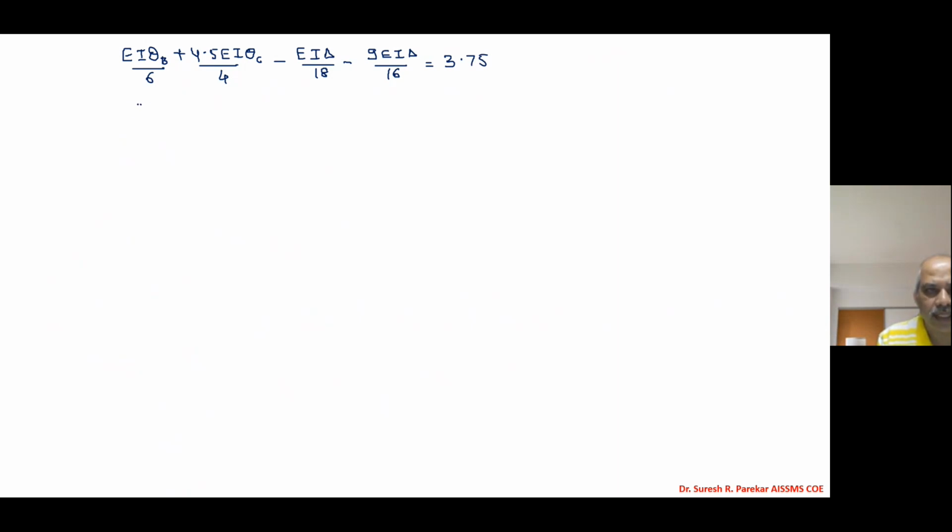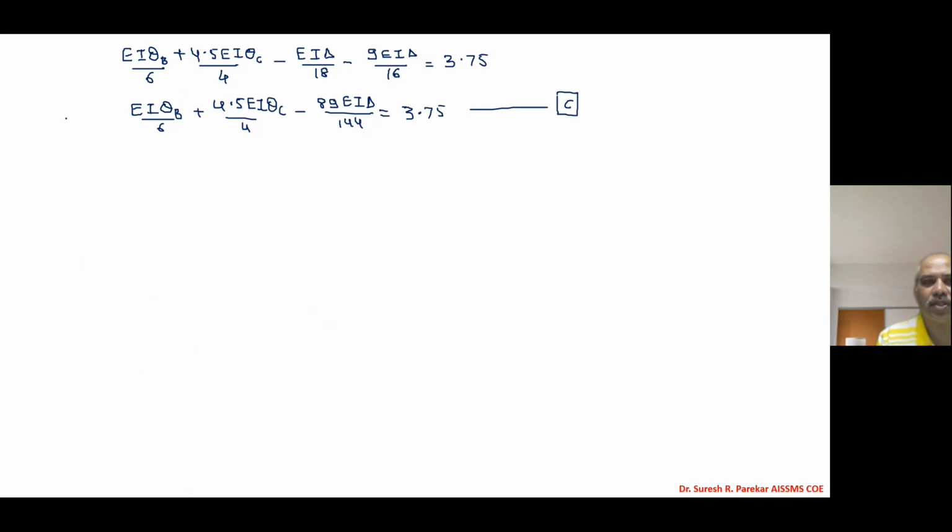And if we simplify it, then we have EI theta B plus 4.5 EI theta C upon 4 minus 89 EI delta divided by 144, and that is equal to 3.75, which is equation C.